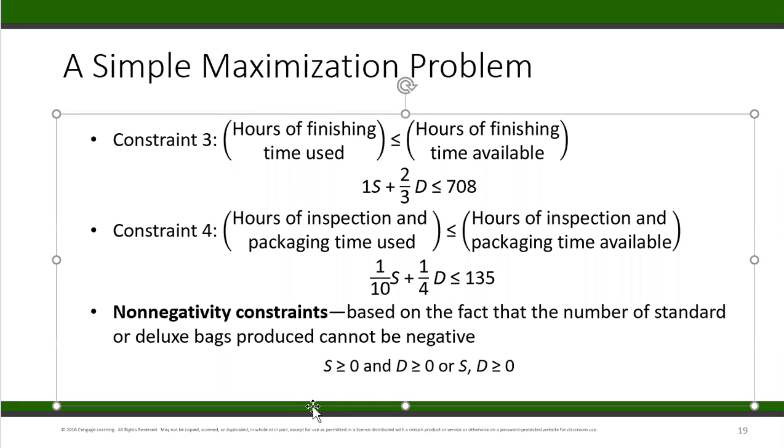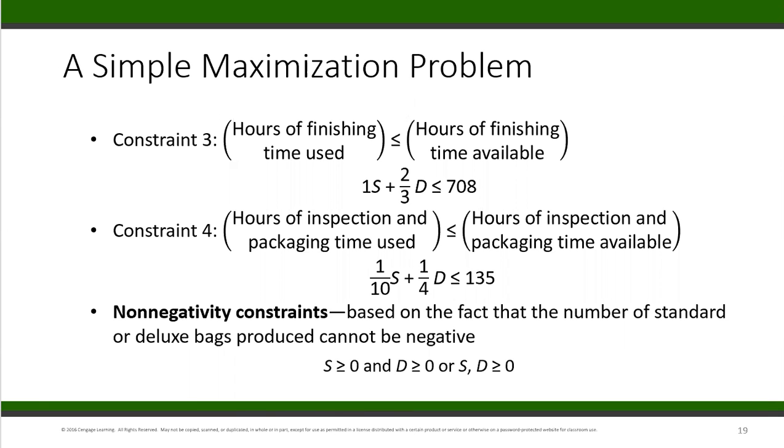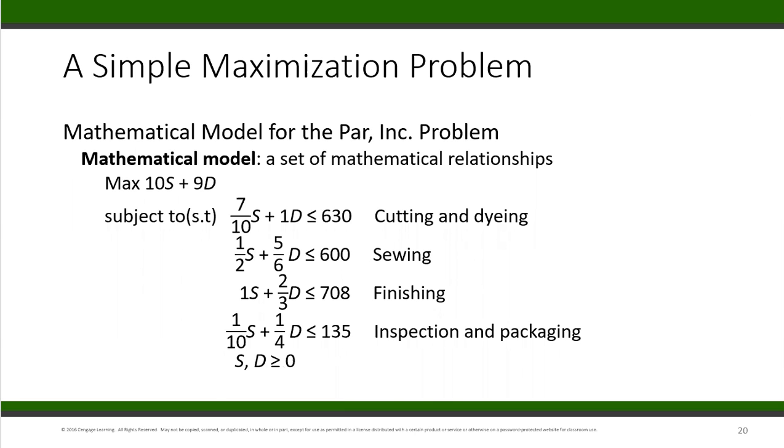So overall, this is going to be the formulation. We have decision variables S and D. The objective function is profit. We want to maximize the objective function subject to the set of constraints.